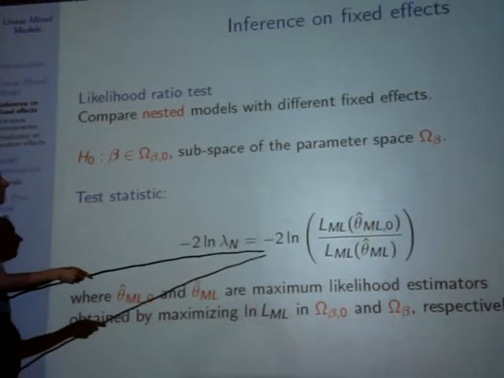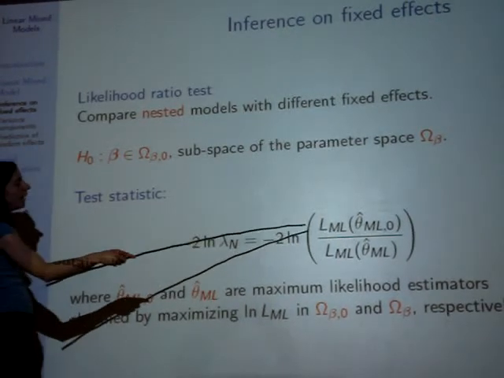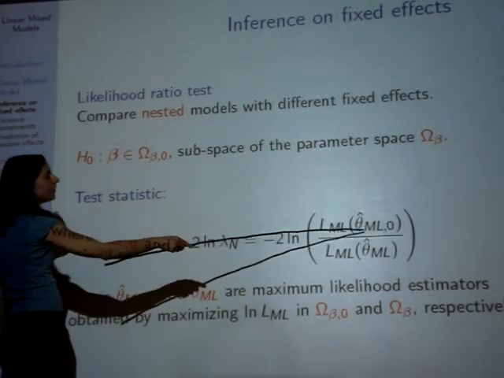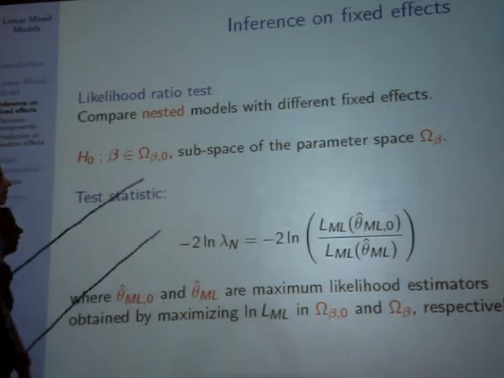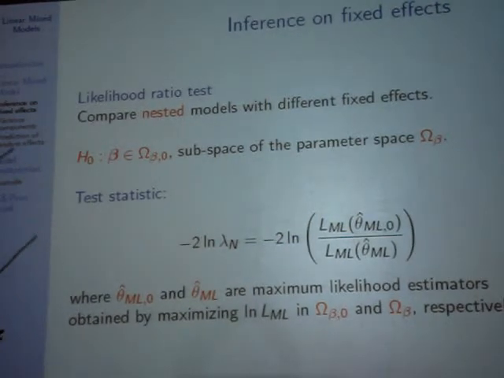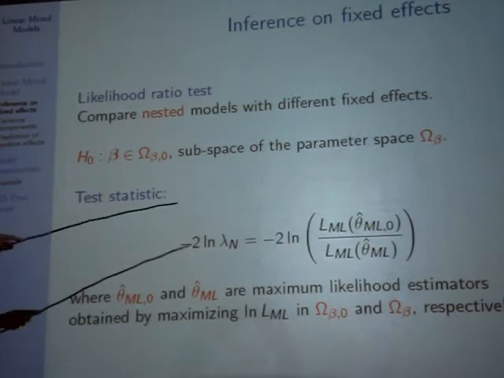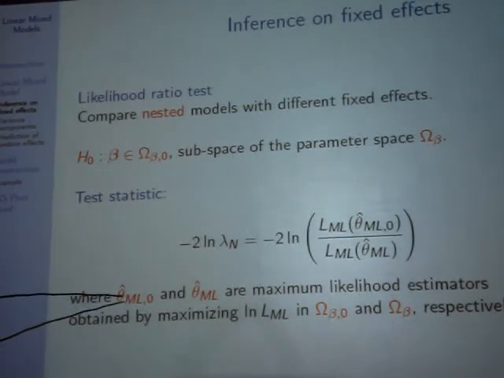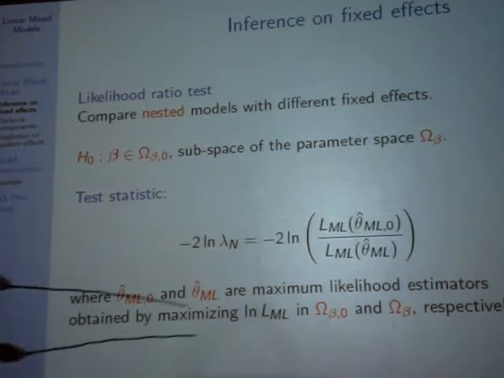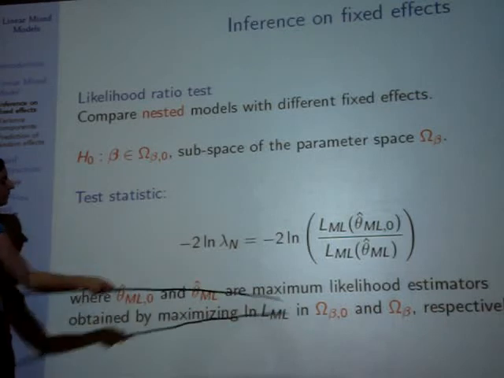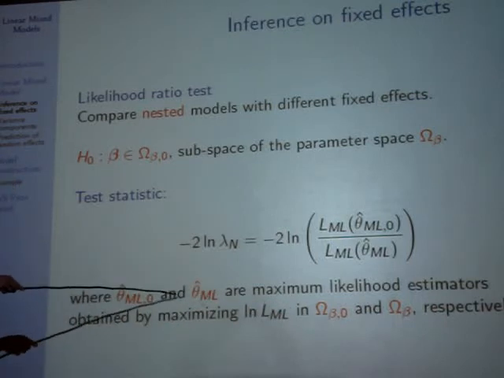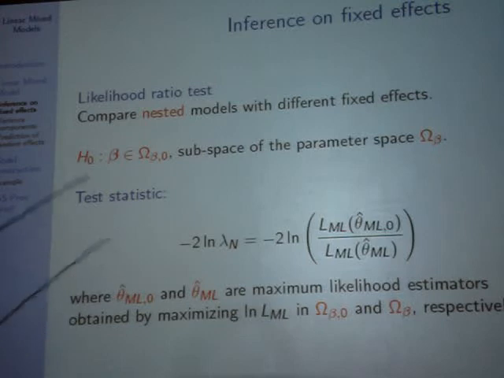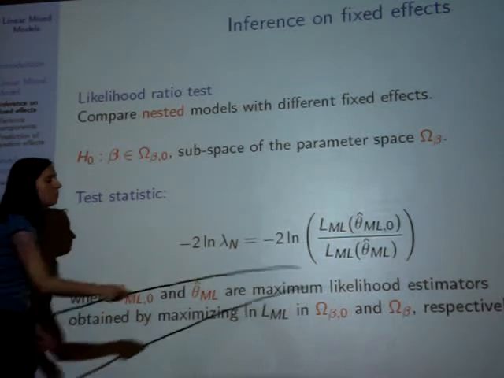It's minus 2 log of the likelihood in the reduced space divided by the likelihood in the complete parameter space. Here, theta hat ML0 represents the maximum likelihood estimator of the parameters theta in the reduced space, omega beta 0, and theta hat ML is the maximum likelihood estimator in the complete space, omega beta.